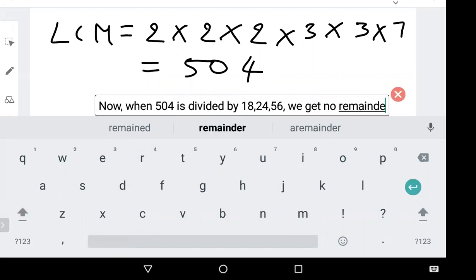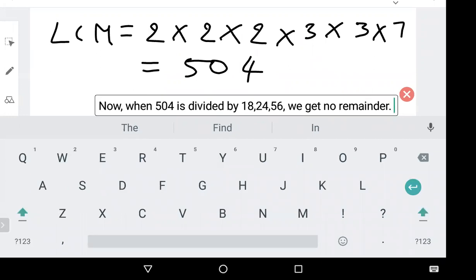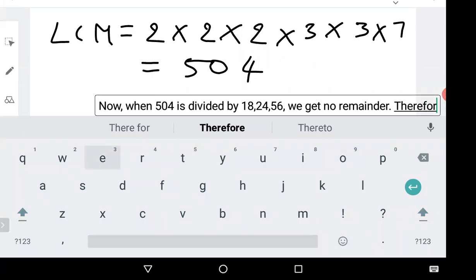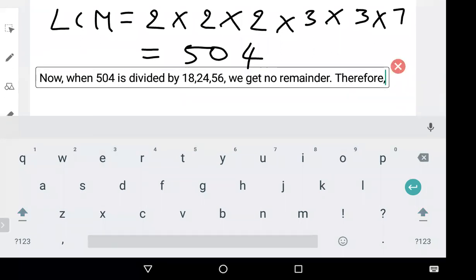Correct? We don't get any remainder because it is properly divisible. So therefore, what do we do?